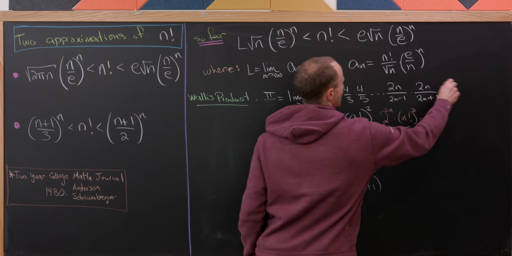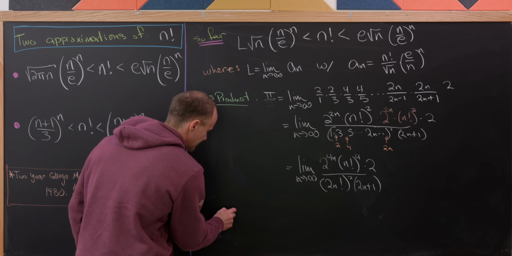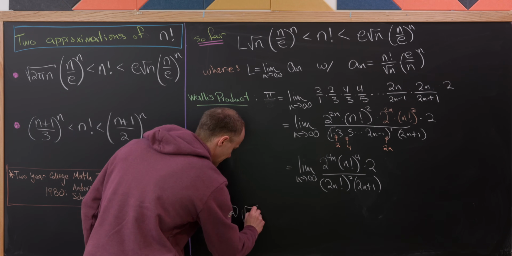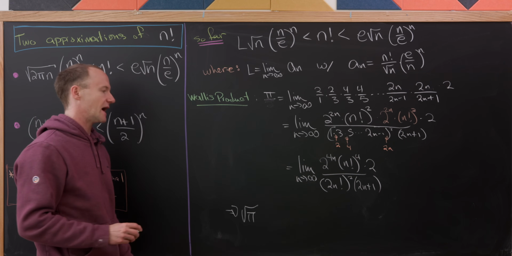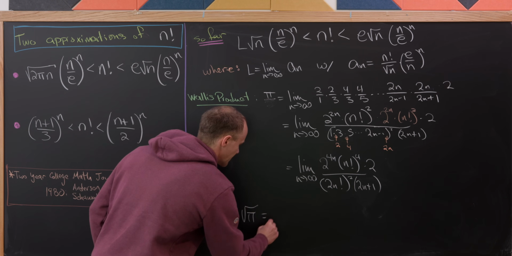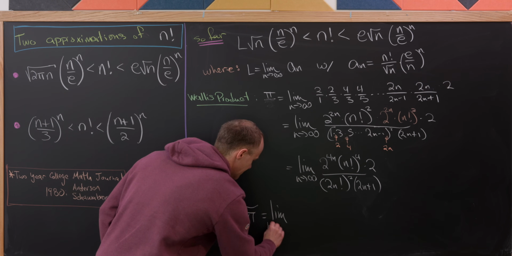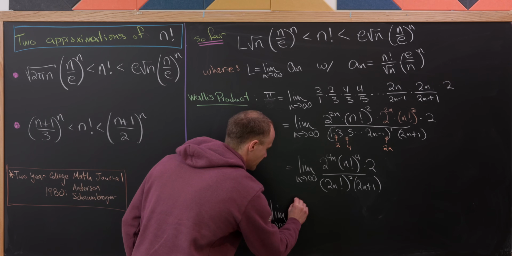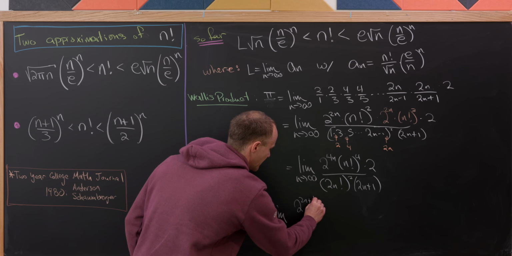So I'll just put that in all of those. And then this gives us this nice formula for a limit involving the square root of pi. So that'll be taking the square root of both sides. So we get the square root of pi is the limit as n goes to infinity of 2 to the 2n plus 1/2.